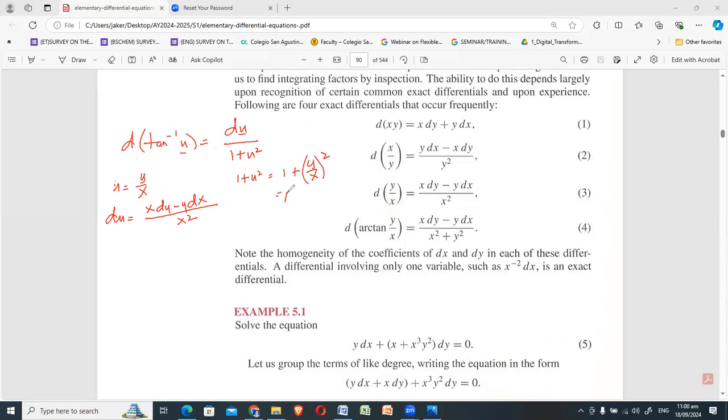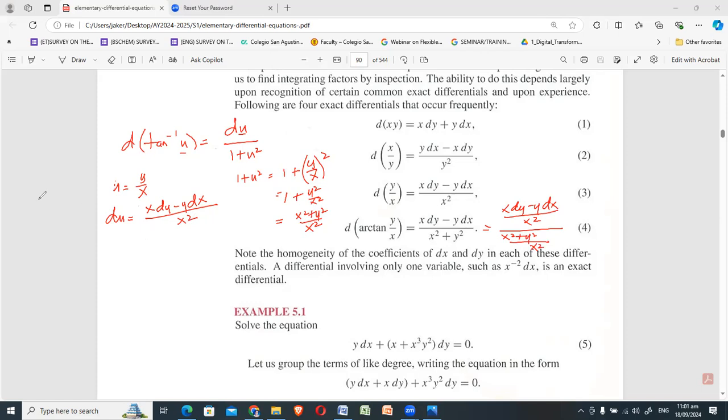So you have 1 plus y squared over x squared, which is equivalent to x squared plus y squared over x squared. If you substitute this du and this 1 plus u squared here, the result will be this one. So you have x dy minus y dx over x squared, divided by x squared plus y squared over x squared.